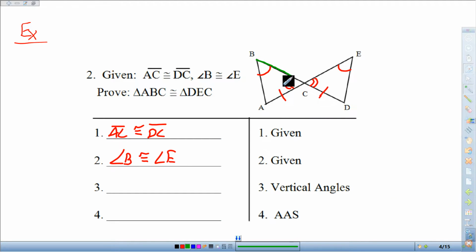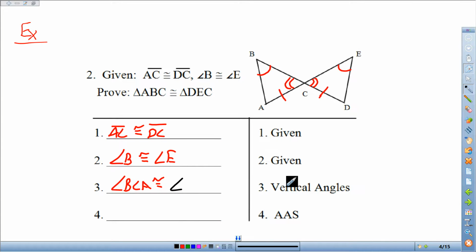So I'm going to name this one on the left, going around it, angle BCA. So angle BCA is congruent to, and I'm going to follow the same pattern on this one. Actually, I don't even need to follow the same pattern, but I'm going to call this one ECD.